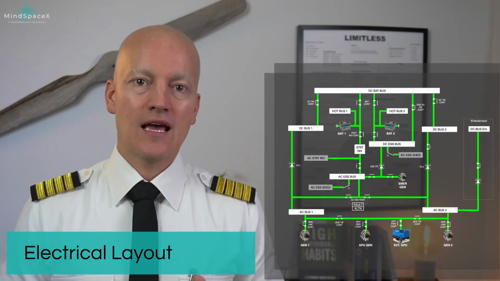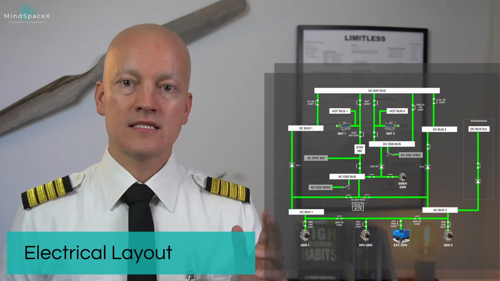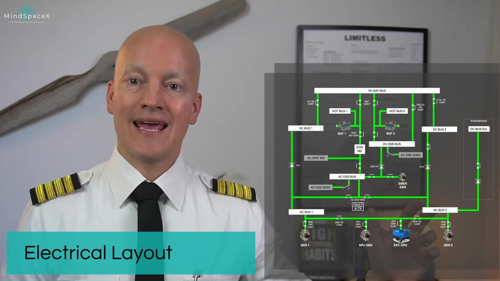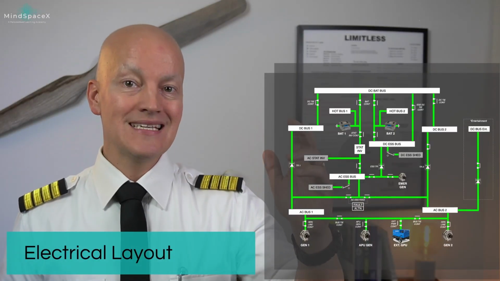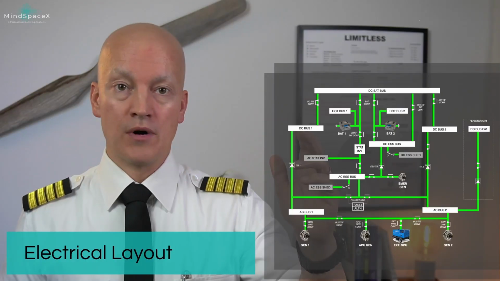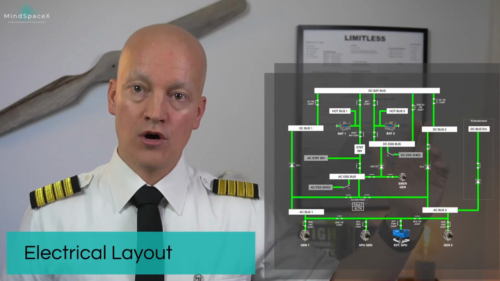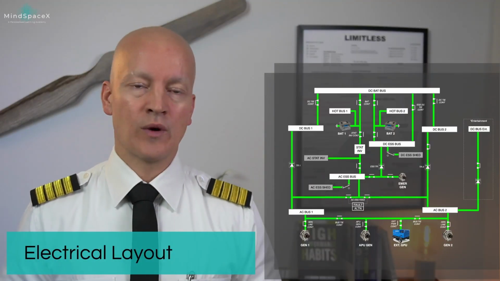Our AC and DC main buses are non-essential busbars. Here you see AC non-essential bus 1, and here you see AC non-essential bus 2. Here you see DC non-essential bus 1 and DC non-essential bus 2. We don't call them non-essential, but that is what they are.